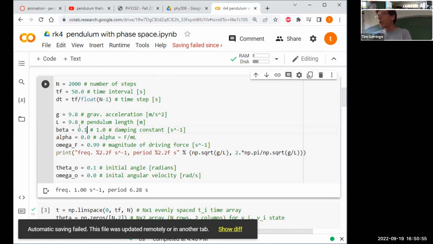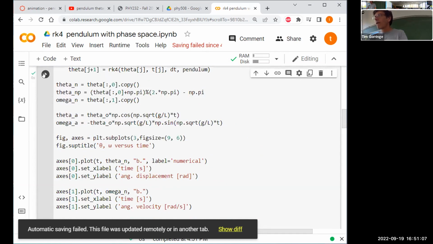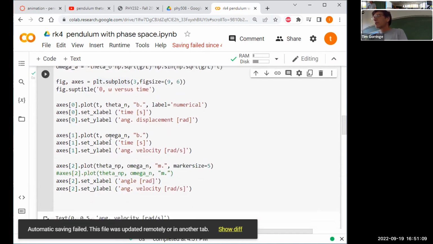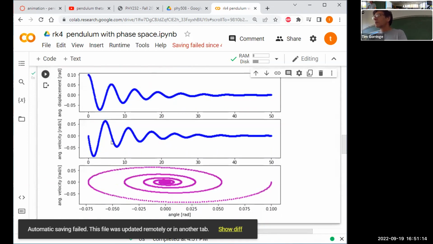This is 0.1, in units of the natural frequency, and so 0.1 is underdamped. And so here are the 3 plots for the underdamped pendulum.